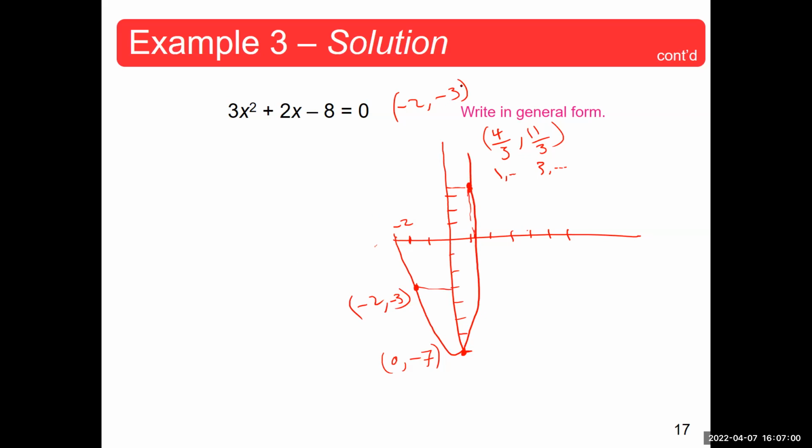Here we go. We plot it. Where is the line? If I connect those 2 points of intercept, this is the line, this is the parabola.